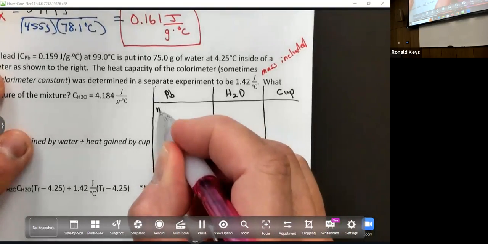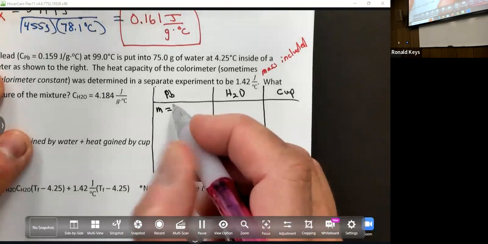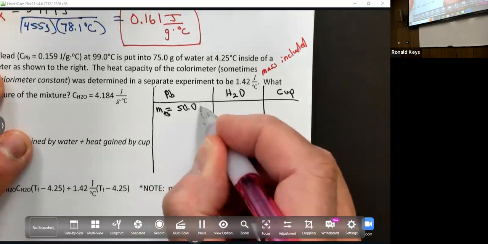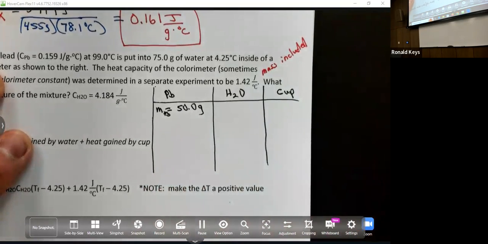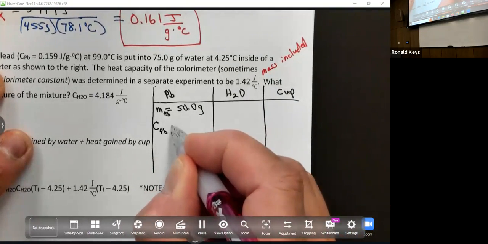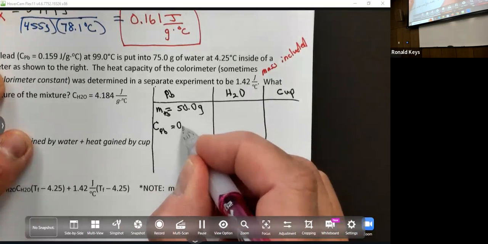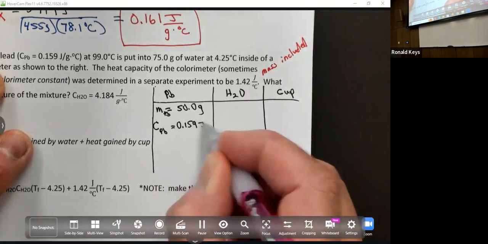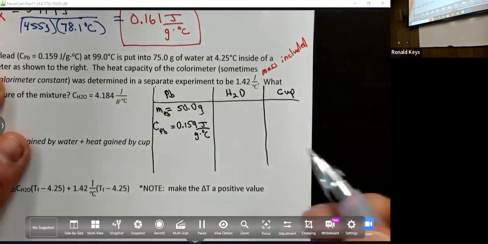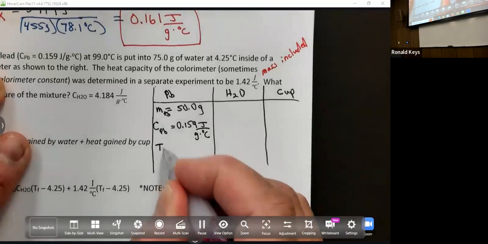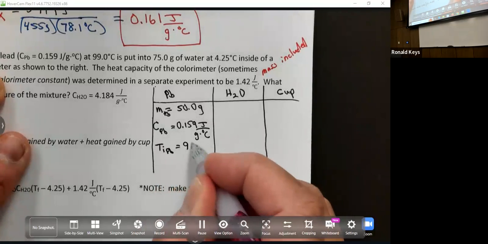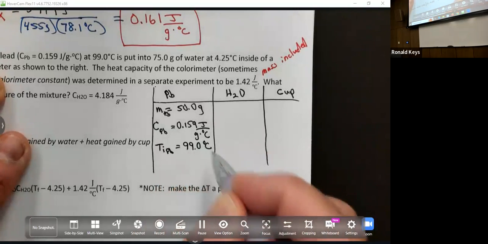So we have our mass of lead, 50.0 grams. Specific heat of the lead is 0.159. The initial temperature of the lead is 99.0.